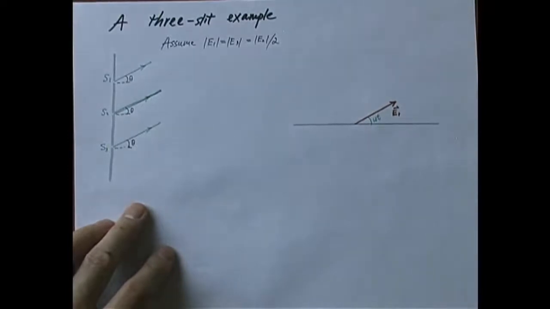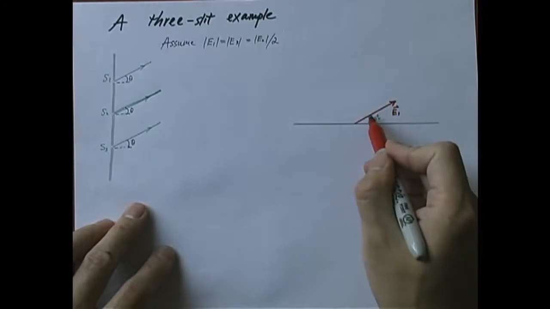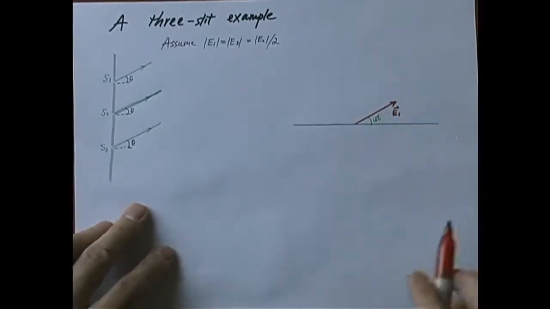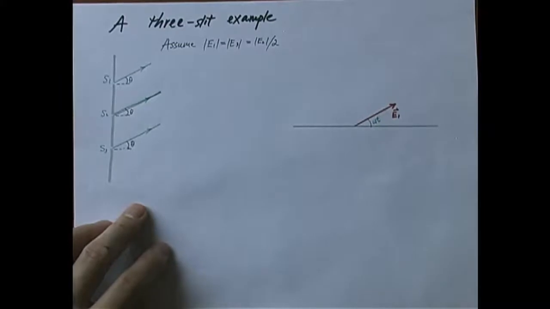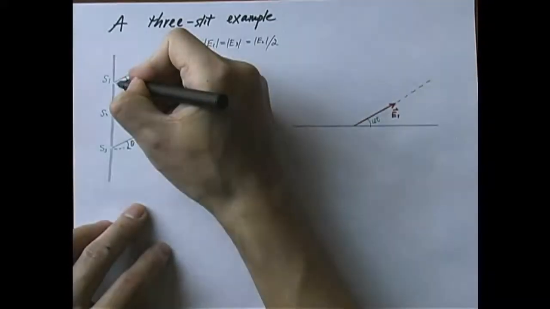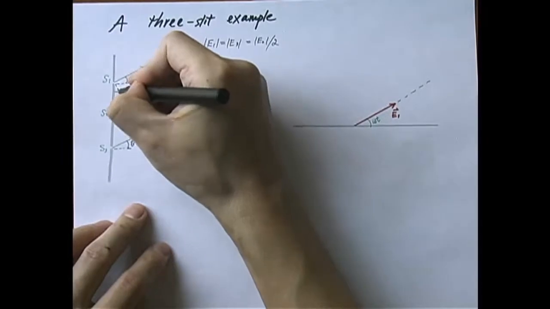Well, again, let me draw a phasor for each of them. Here is our first phasor, E1, making angle omega t with the reference line. Now if this is E1, what about E2? For E2, you have to take the direction of E1, and then you have to turn a little because there's a phase difference. What's the phase difference? This angle is theta.